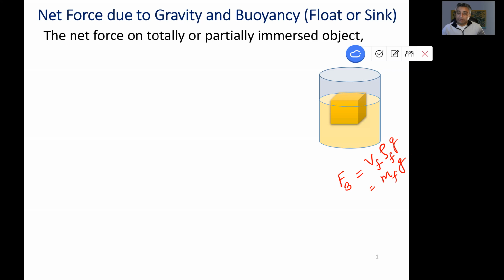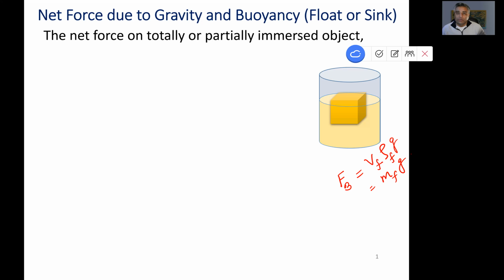But when you have a wooden block, even if it is big, it doesn't sink. It just floats on the surface, partially inside, partially outside.